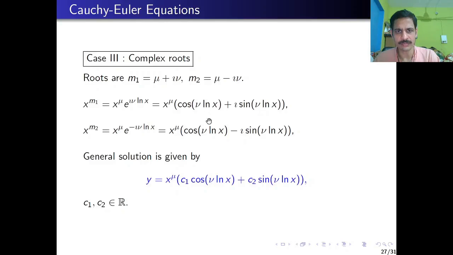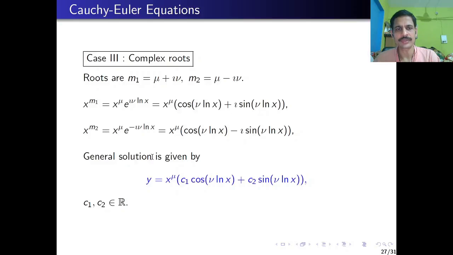That is one real valued solution that you obtain, and we need another solution so that they together are linearly independent. Such a solution you can obtain by considering x raised to m1 minus x raised to m2 divided by 2 iota, and that will give you x raised to mu times sin(nu ln x). So these are two linearly independent solutions.